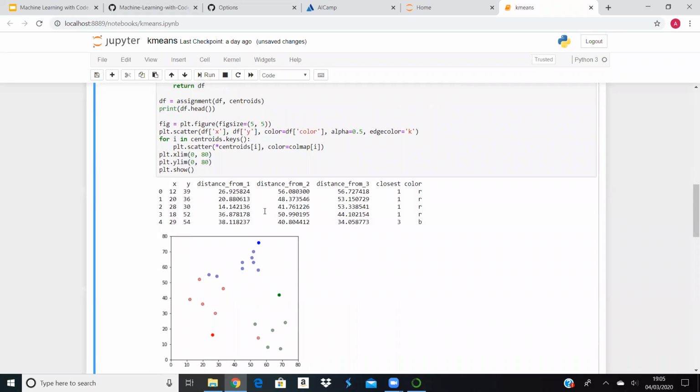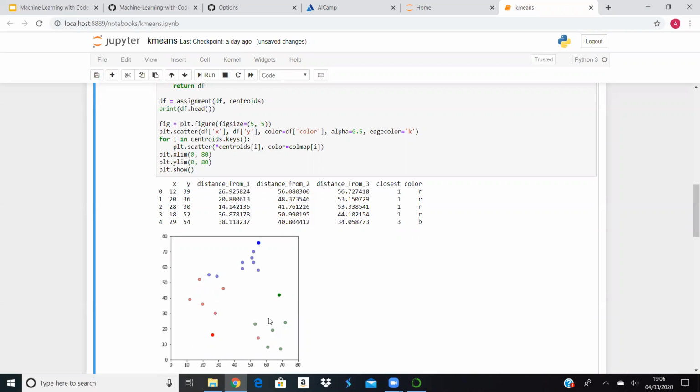So now what we have done is that we have found out the points which are nearest to these dots. These are the points which are nearest to the green dot, so this is considered the cluster green. Then these are the points which are closer to blue, so this is considered cluster blue. And then this is closer to cluster red, so this is considered cluster red.